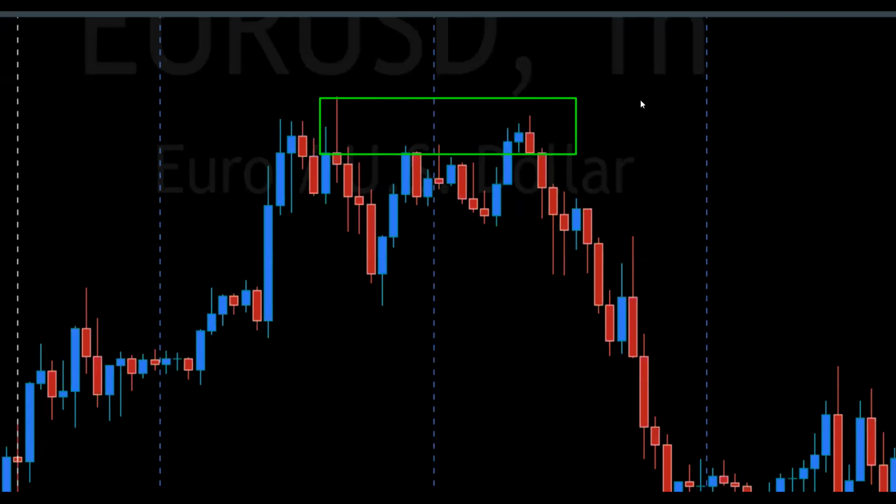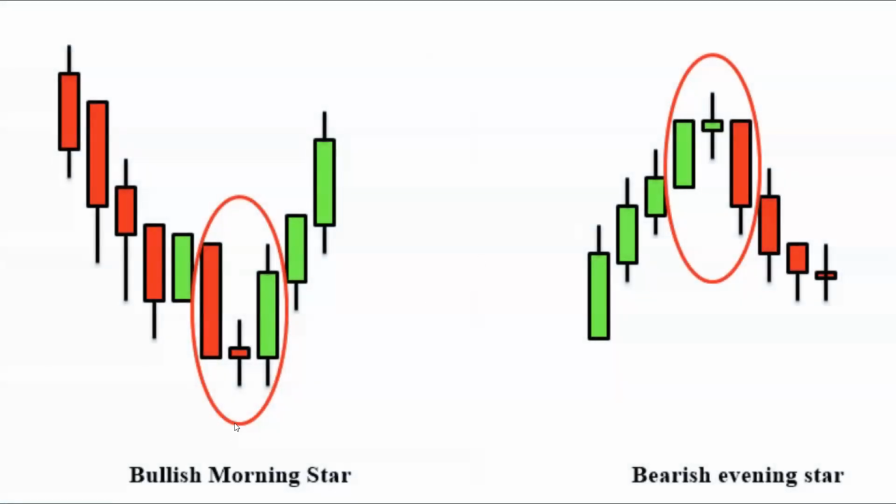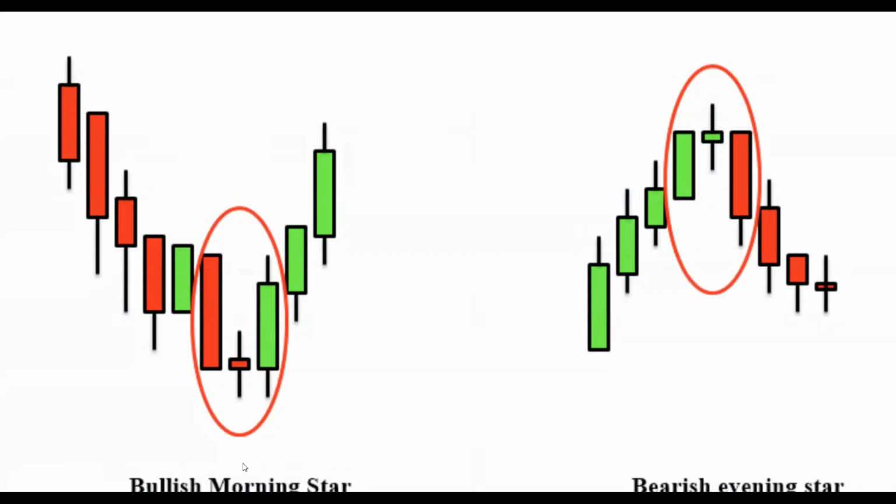All right, cool. So another candlestick pattern that I really like is the morning star and the evening star pattern. They're pretty good. Again, they're a 3 candlestick pattern, signified by the bearish candle here, the doji here, and then the bullish candle here.